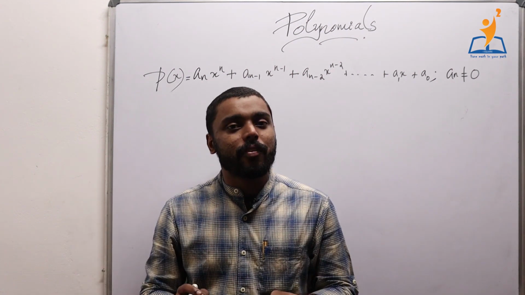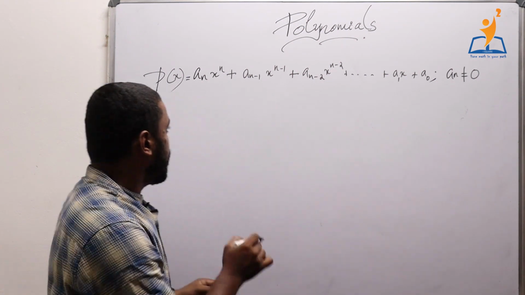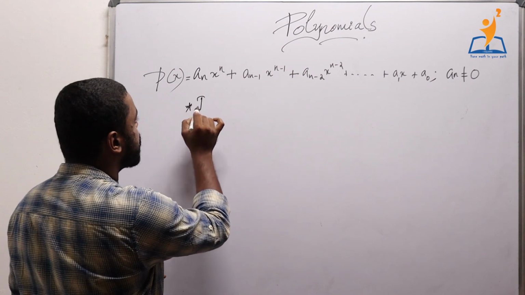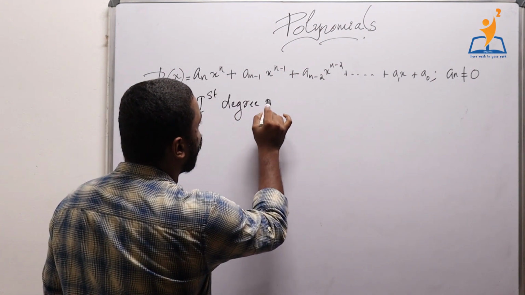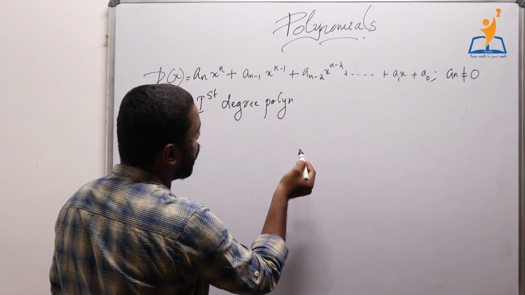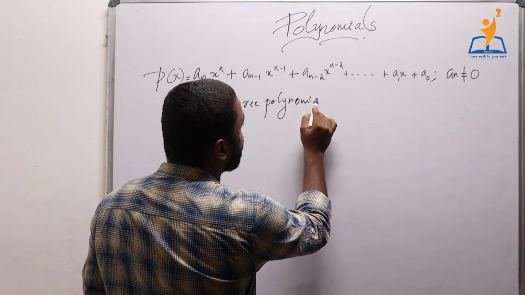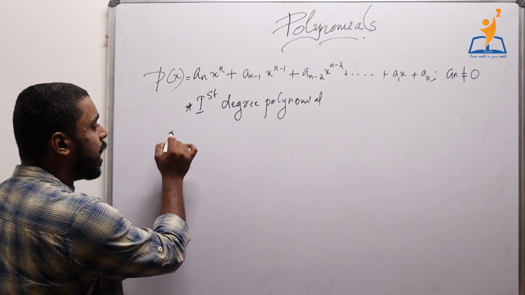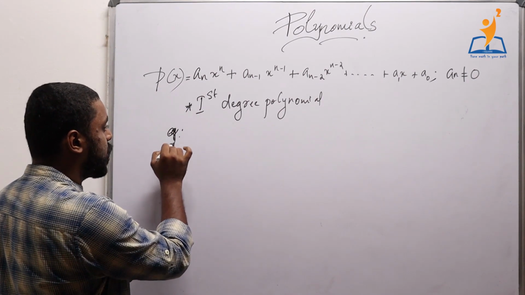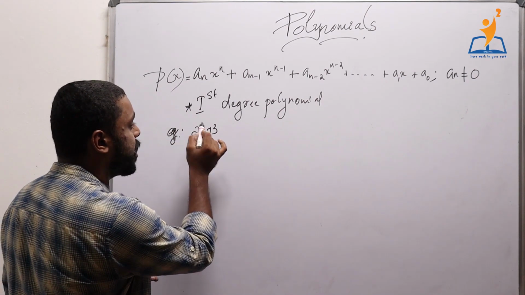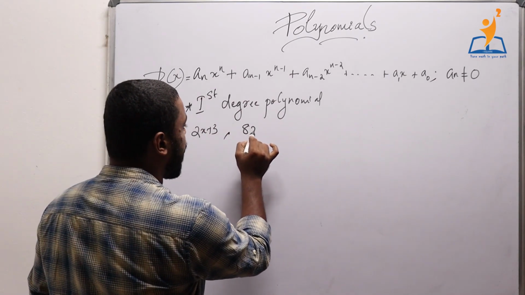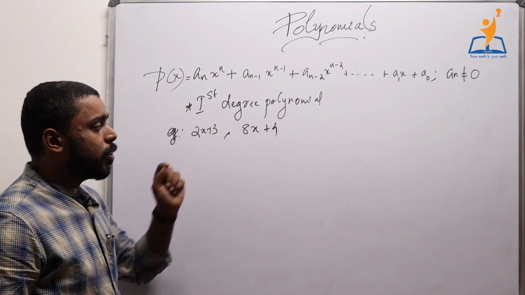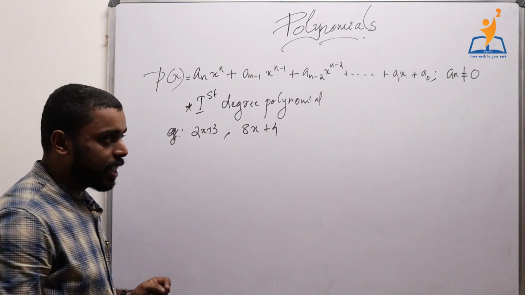A polynomial with degree 1 is called a first degree polynomial. So a first degree polynomial is nothing but a polynomial with degree 1. We can give various examples for that. 2x plus 3: here the degree of the polynomial is 1, hence it is a first degree polynomial. 8x plus 4: here the degree of the polynomial is 1, hence it is a first degree polynomial.